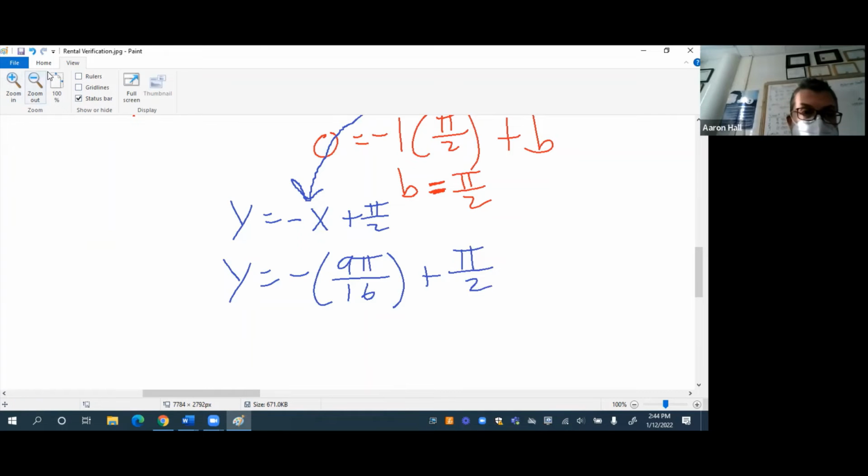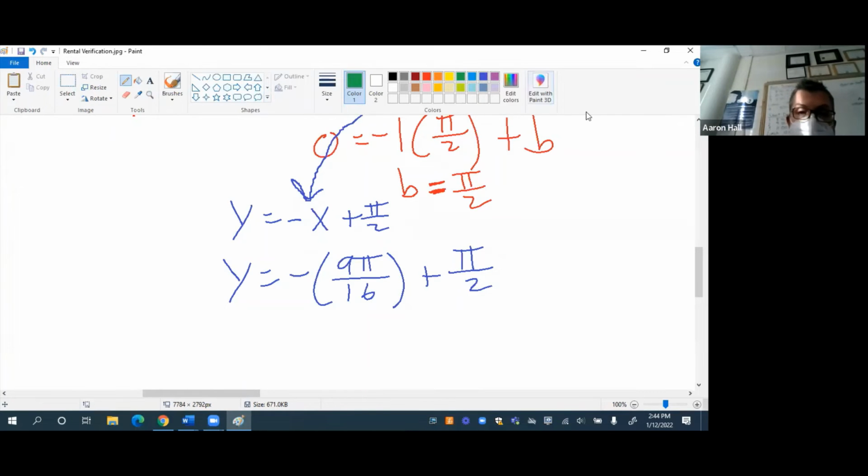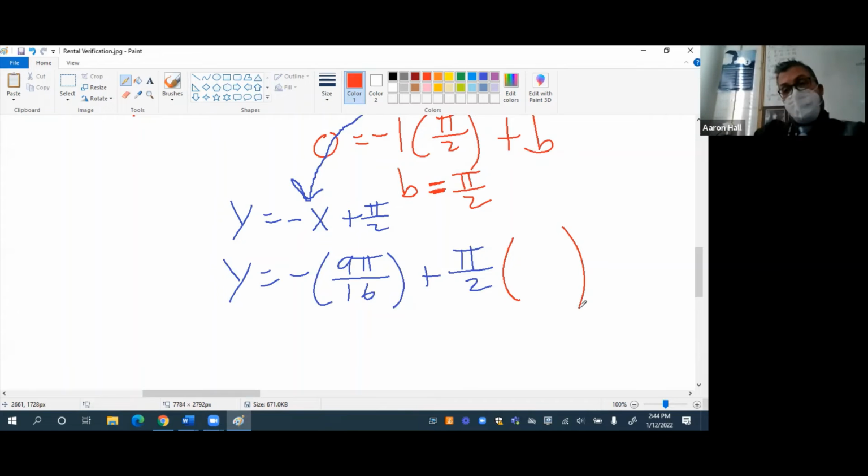Now what? What do we do when we add and subtract fractions? Yeah, so we're going to multiply. If we need a common denominator, we need to multiply this by something so that we get the same denominator. We're going to multiply by 1 because we don't want to change the quantity. 8 over 8.